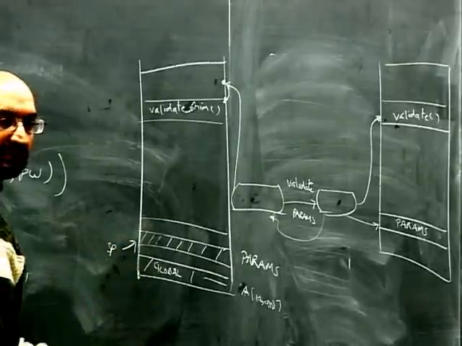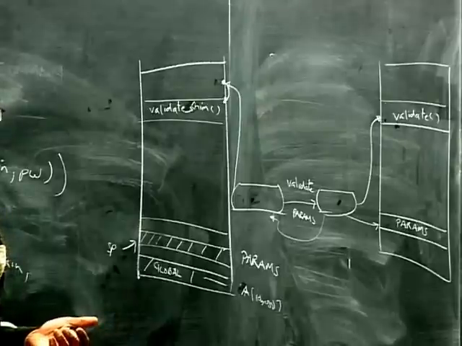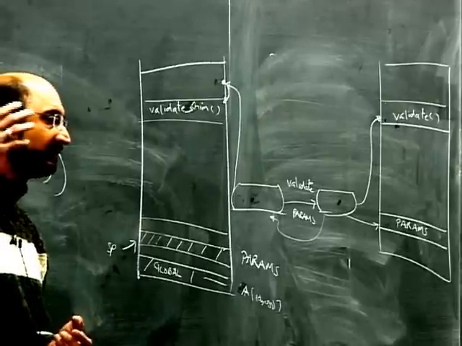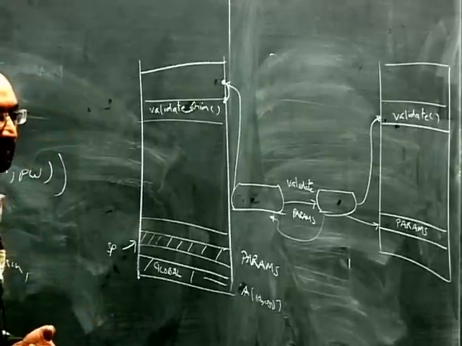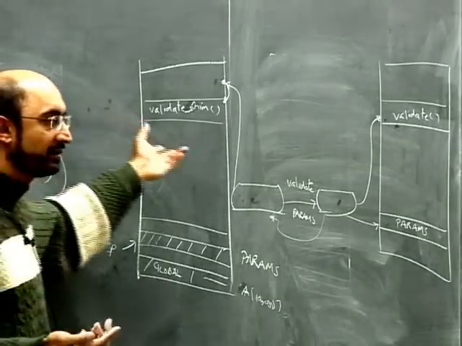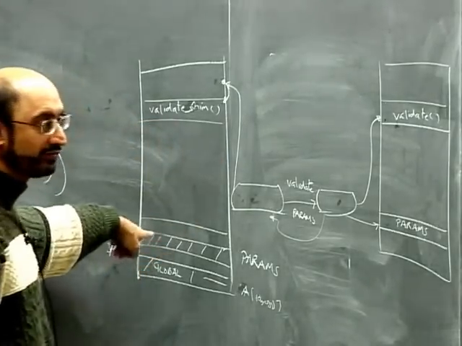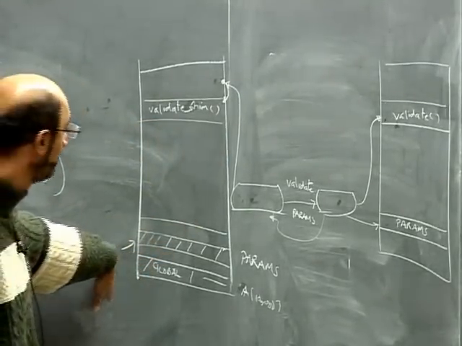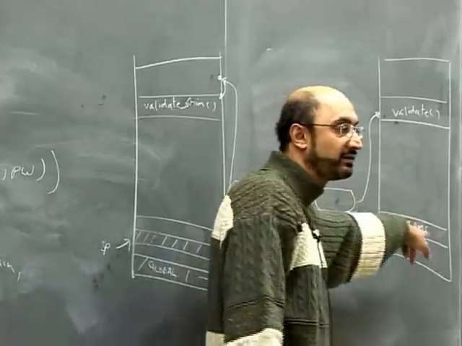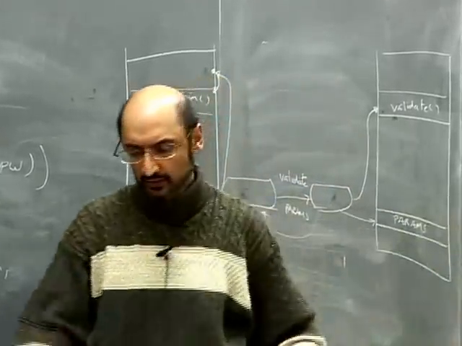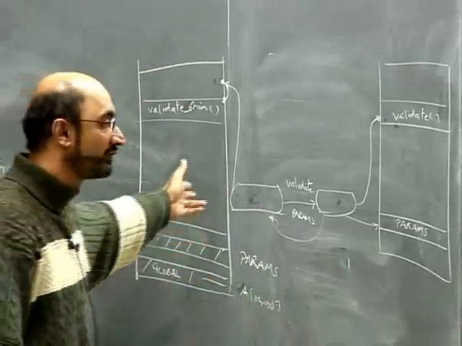If it's a local procedure, it doesn't matter. You just access array element 2560, modify it, and come back. It's fine. With a remote procedure call, the entire array has got to be sent over to the other side.